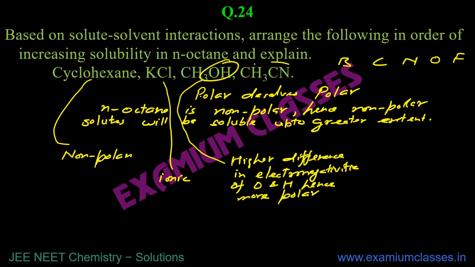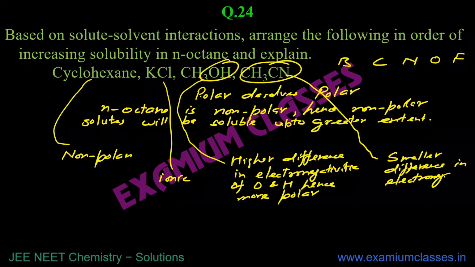Here in this case, the difference in electronegativities, you will say, is smaller difference in electronegativities of carbon and nitrogen. So this is less polar.